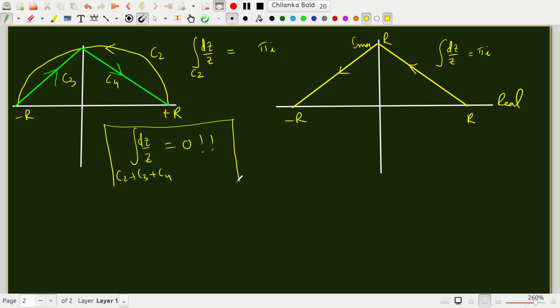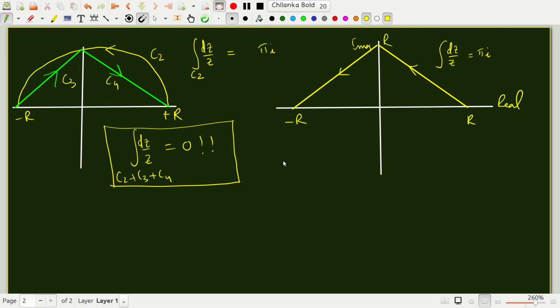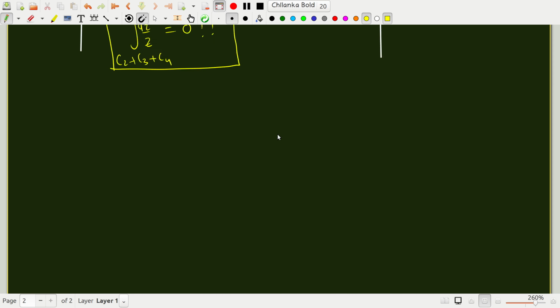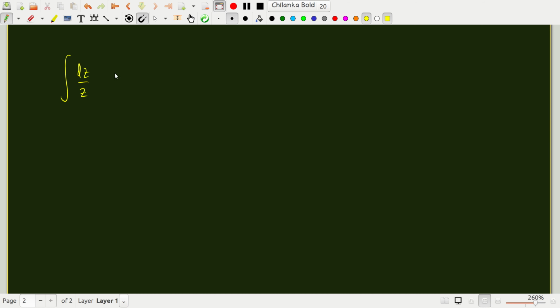So what is interesting is that this integral of dz by z seems to be 0 if the origin is not included, and it is non-zero otherwise, if the origin is included.